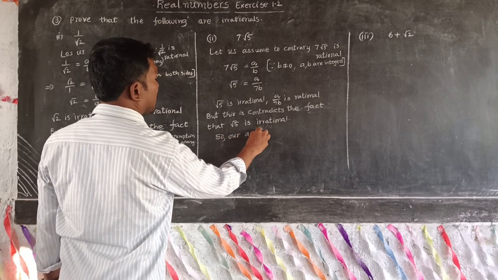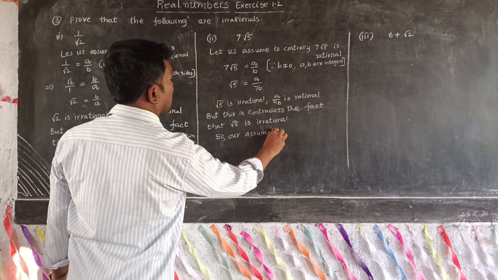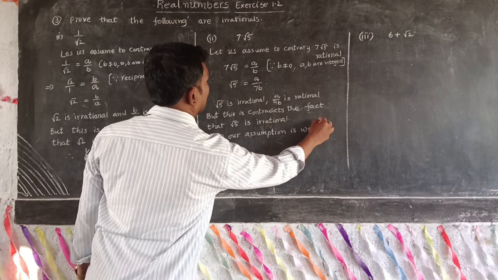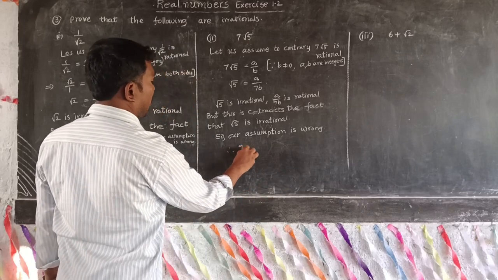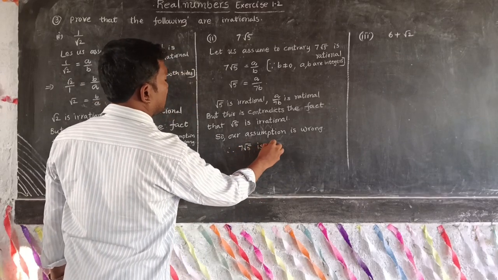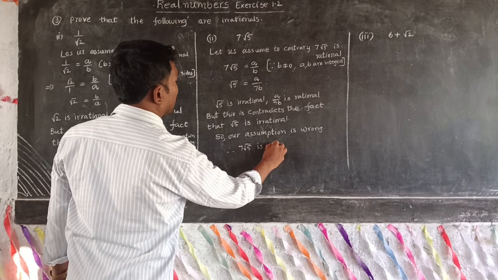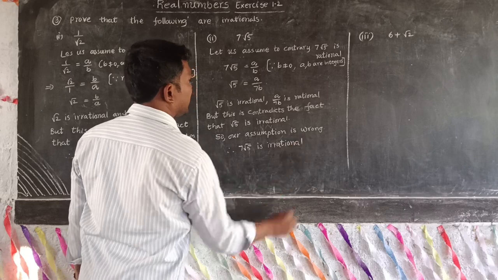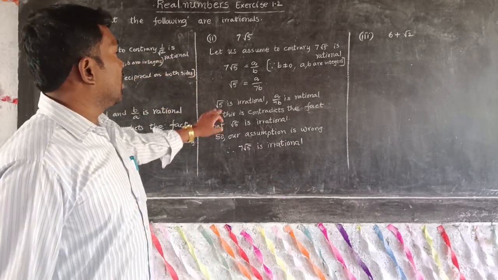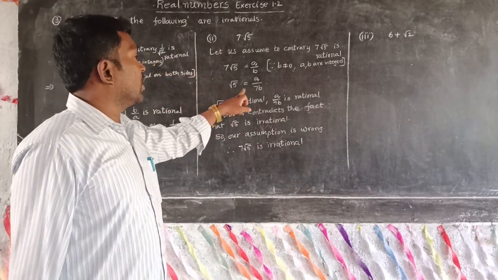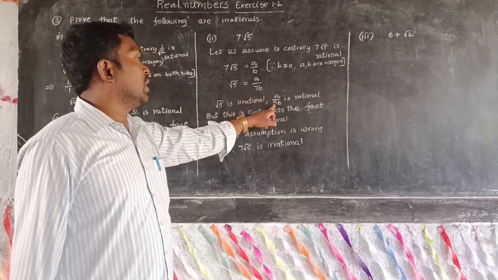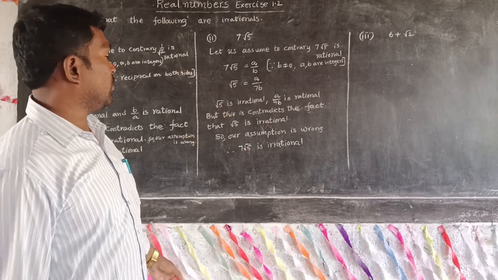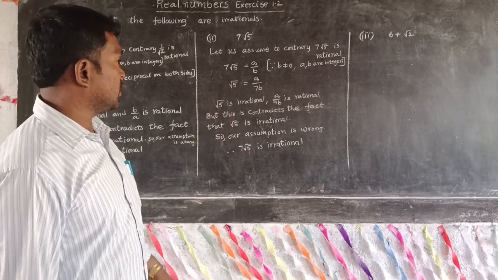Therefore 7 root 5 is irrational. Left hand side root 5, right hand side a by 7b. This one is irrational, this one is rational. This is a contradiction of the fact that root 5 is irrational.